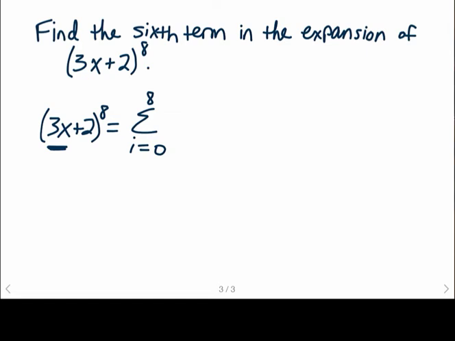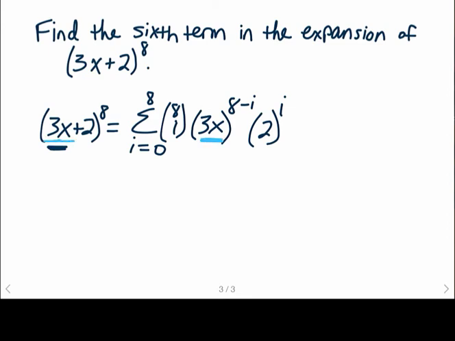So we have this combination, 8 choose i, no getting around that. But then this 3x is going to be to the 8 minus i, so the quantity 3x goes inside the parentheses. And then we have our 2 to the i. So whatever's in the first term goes in the first factor after the combination with the exponent, and whatever's in the second term becomes the second factor with the exponent.